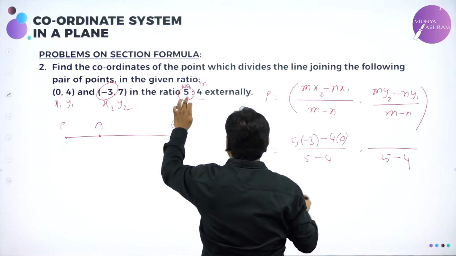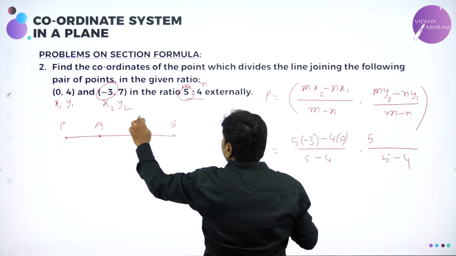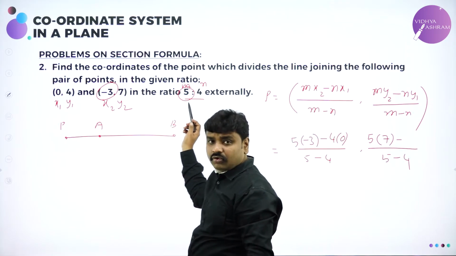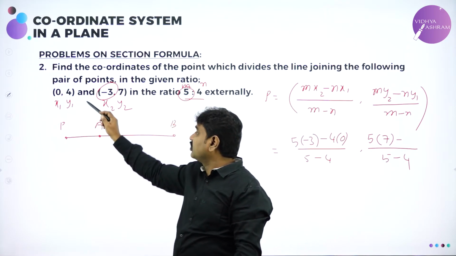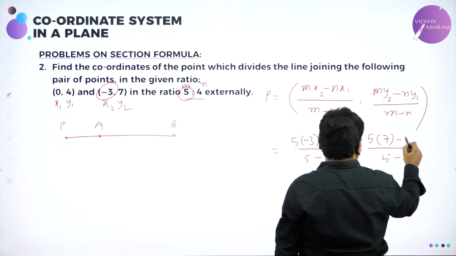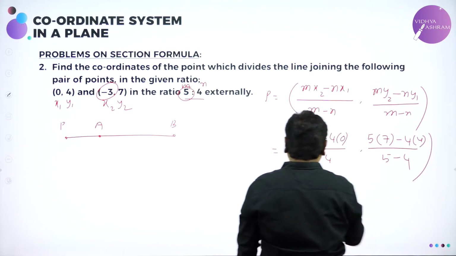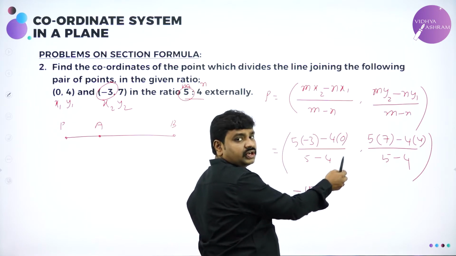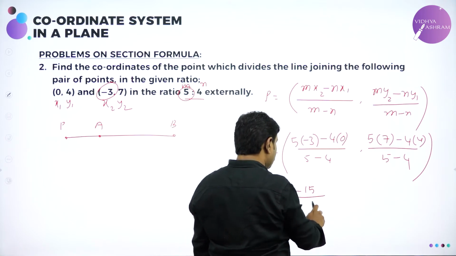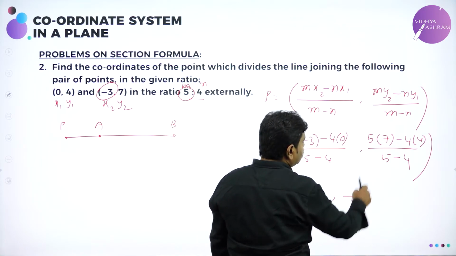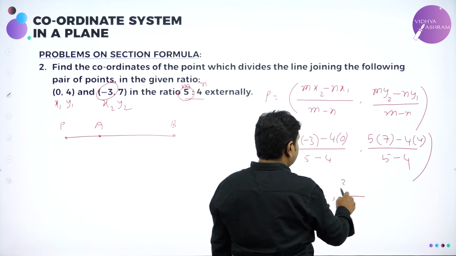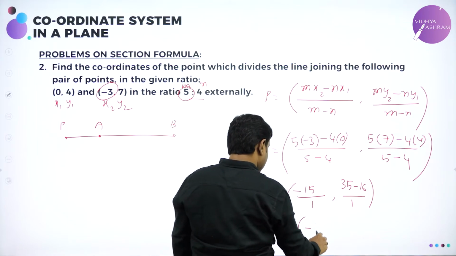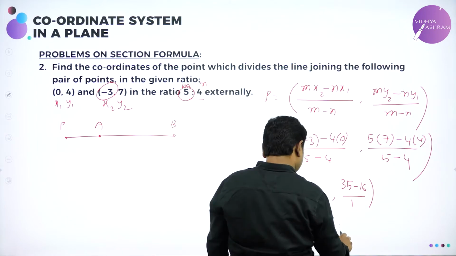Similarly, my2: m is 5, into y2, the y coordinate of the second point, 7, minus ny1. n is 4, y1 is also 4. Simplify this and you will get the value. Minus 15, 4 zeros are 0, leave it, divided by 5 minus 4 is 1. Here also 1. 5 sevens are 35, 35 minus 16, minus 15.